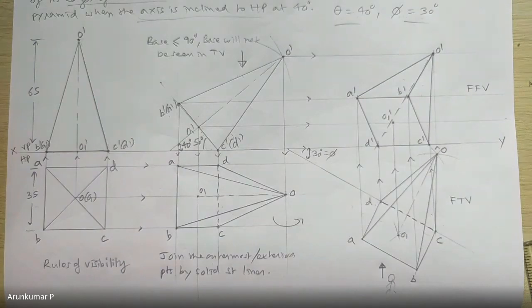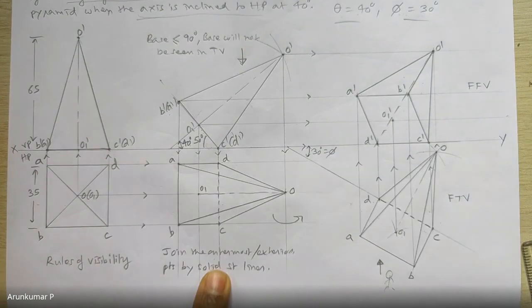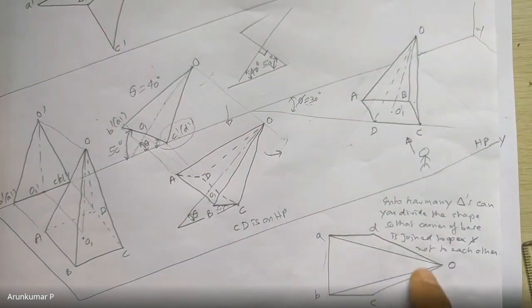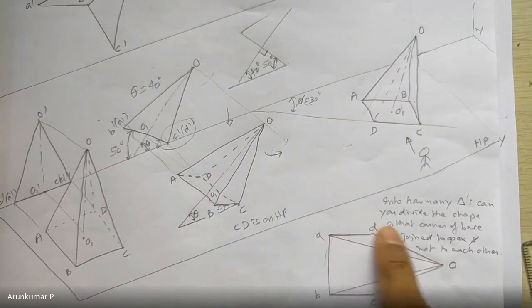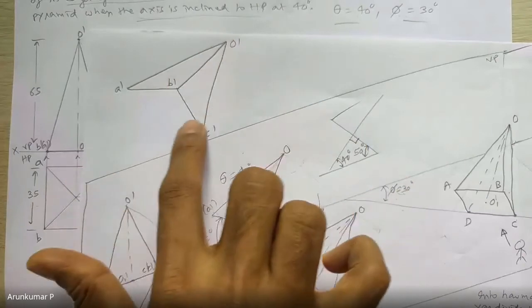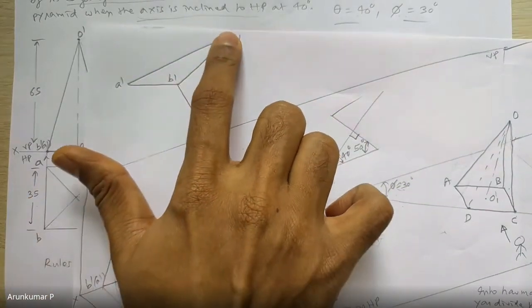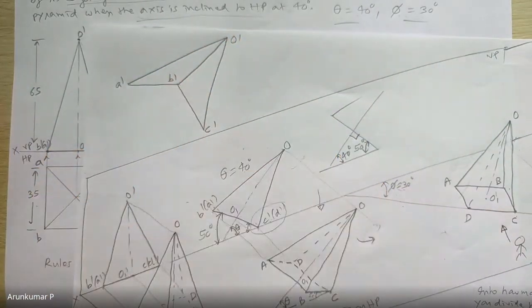Okay. So the rules of visibility are very important, especially this first one. Join the outermost exterior points by solid straight line. Next one is this. Into how many triangles can you divide this odd shape so that the corner of the base is joined to the apex and not to each other?